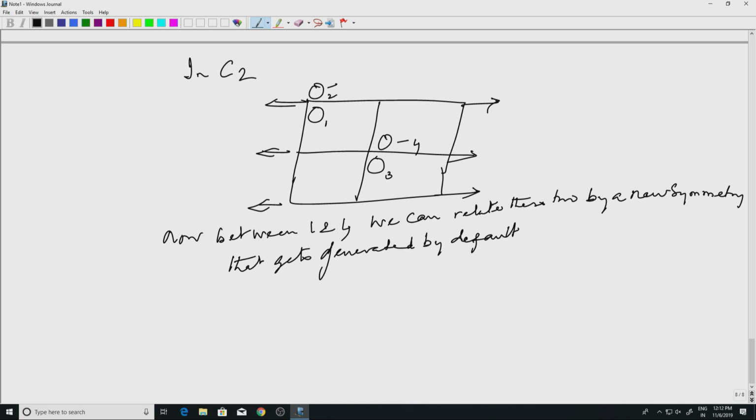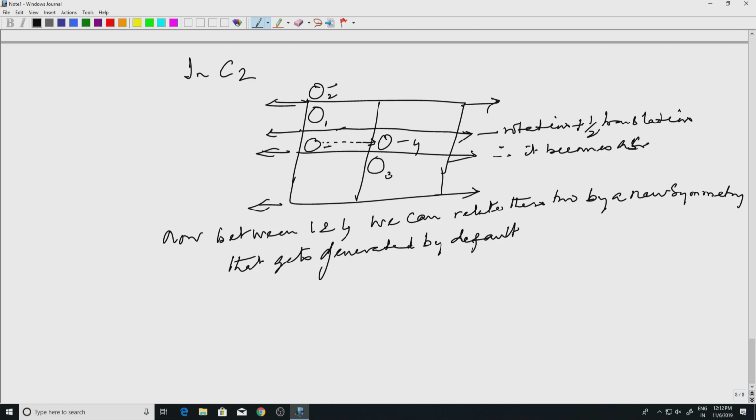Let us imagine here there is a rotation. So it comes here. Rotation is here. But this is shifted to this place by half translation. Therefore, it becomes a screw at a by 4 along B.